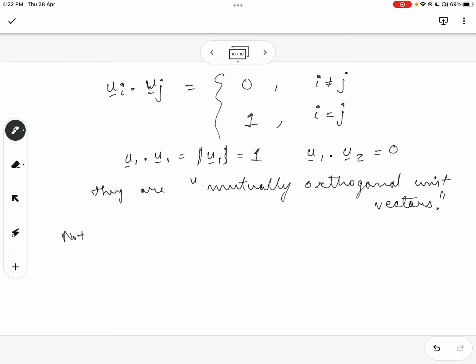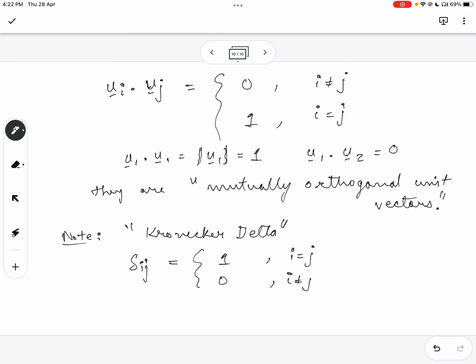Here we will introduce the concept of the Kronecker delta. We'll talk more about it later when we talk about Einstein summation convention. It is defined as delta ij is 1 if i is equal to j and 0 if i is not equal to j.